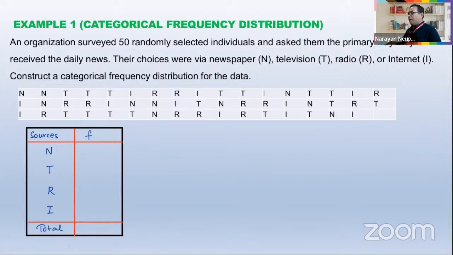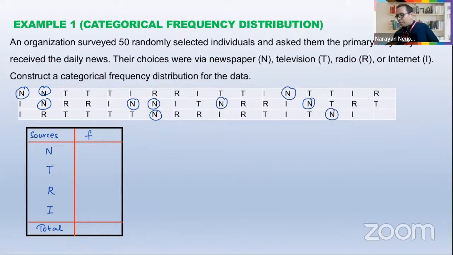Then we count. Frequency means number of times something repeats. So the first one is the newspaper. So you have to count how many N are there. So 1, 2, 3, I'm counting 4, 5, 6, 7, 8, 9, 10.